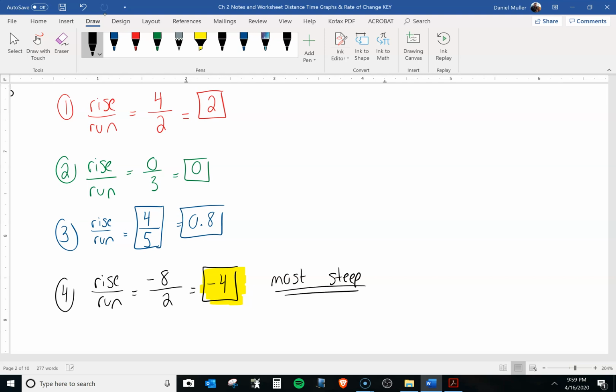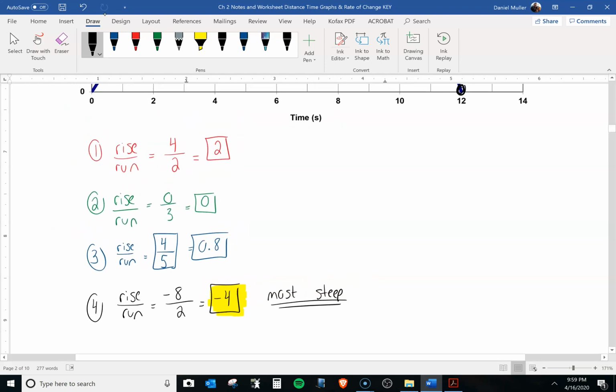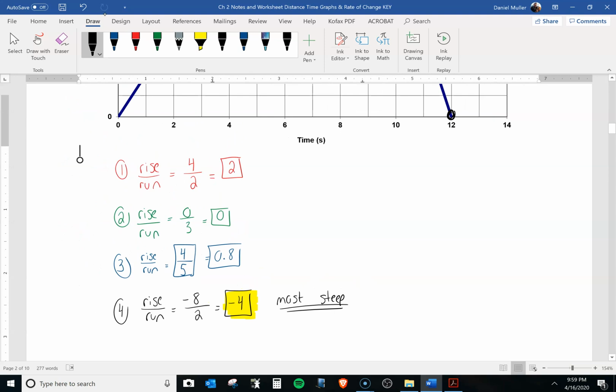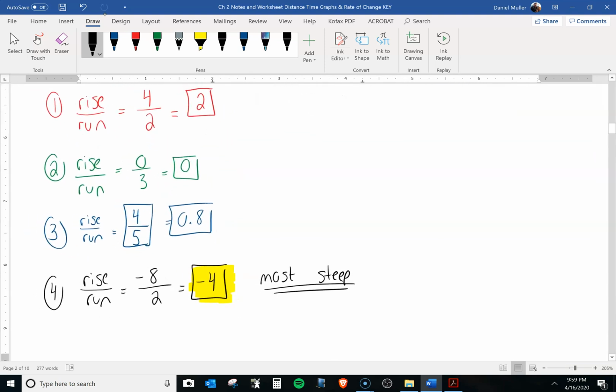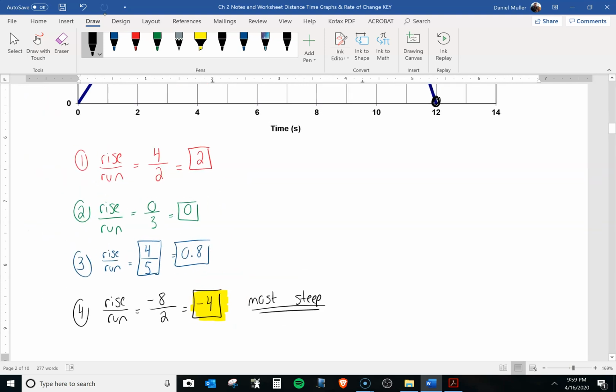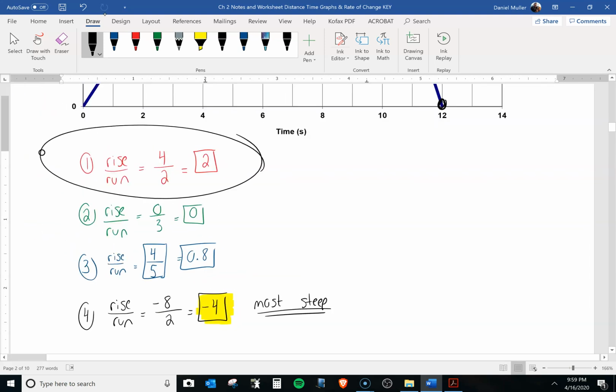So that is our most steep. And so that's why we do slope. We want to know when are things changing the fastest? Well, things are changing the fastest at 4. That's when things change the quickest. And then the second quickest is at the beginning.